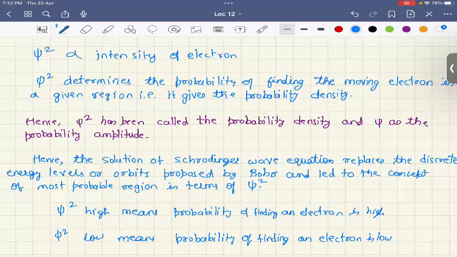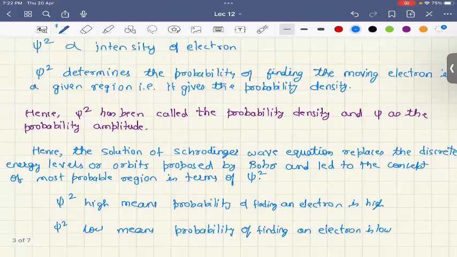Therefore, the wave mechanics approach gives meaningful wave functions which describe the position and energy levels of an electron in an atom, right?